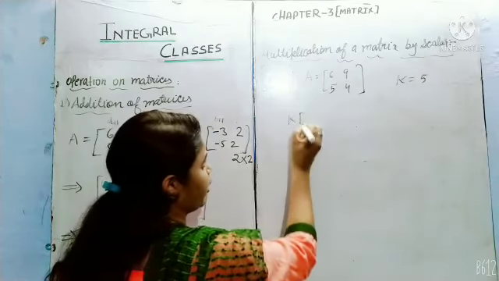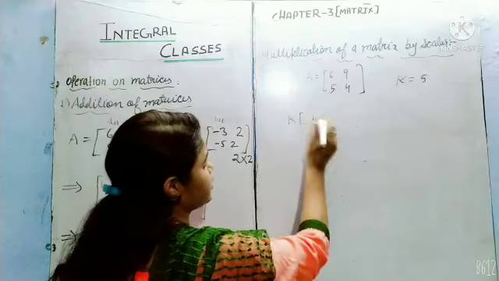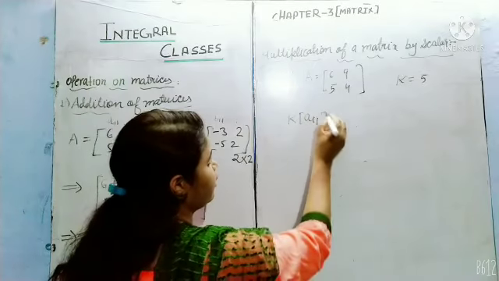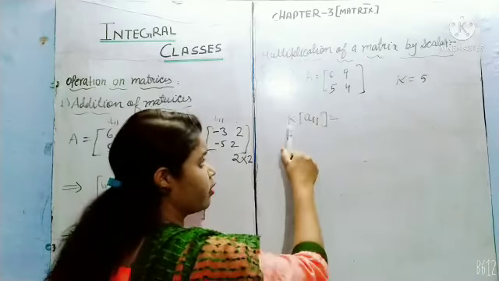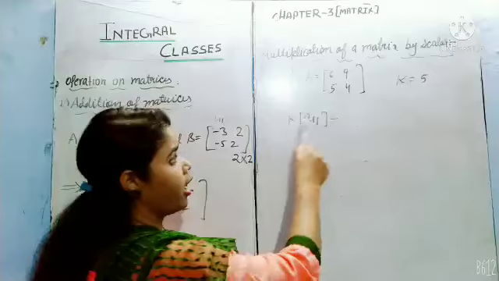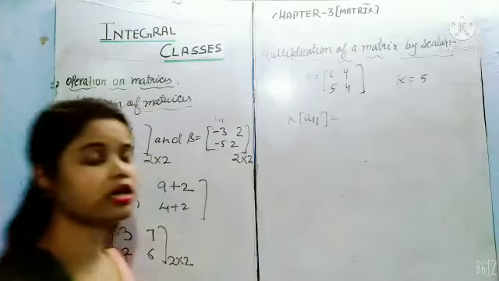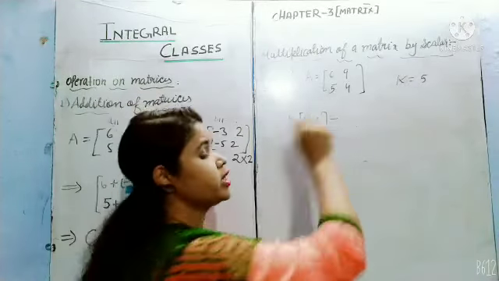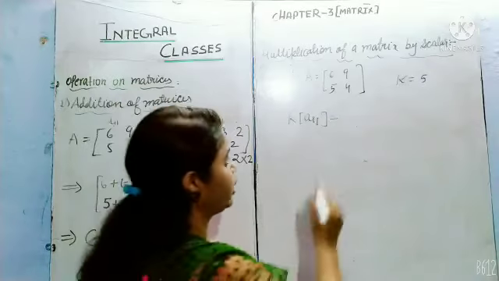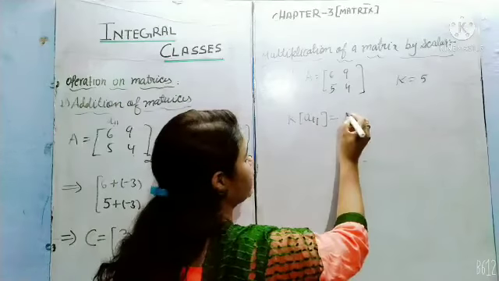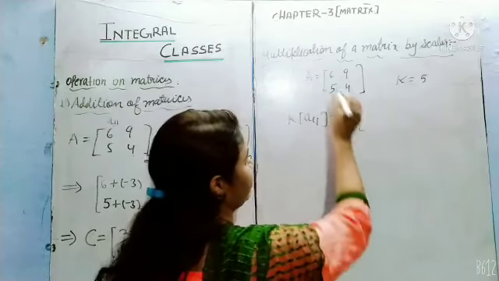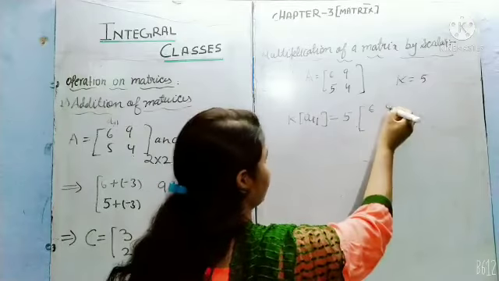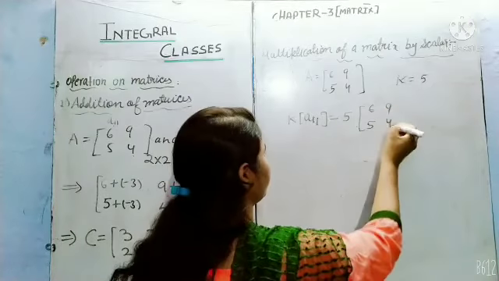K into the matrix Aij: we will multiply K with every element of this matrix. How? Let's see. K is 5 and the matrix Aij is 6, 9, 5, 4.